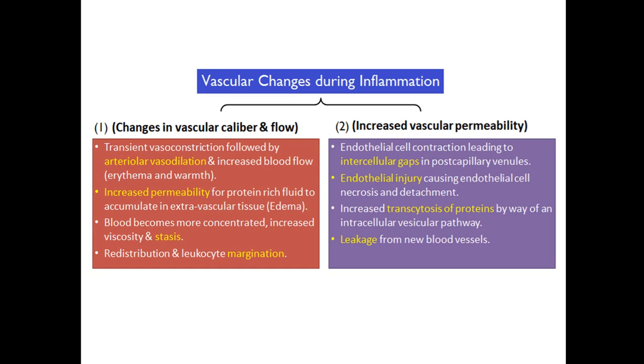Normally, the flow of the blood in a vessel, like water flowing in a pipe, or we can say in a river, is called laminar flow or axial flow. And in laminar flow or axial flow, the blood cells flow in the central zone or the speed zone, and the plasma flows in the peripheral zone.